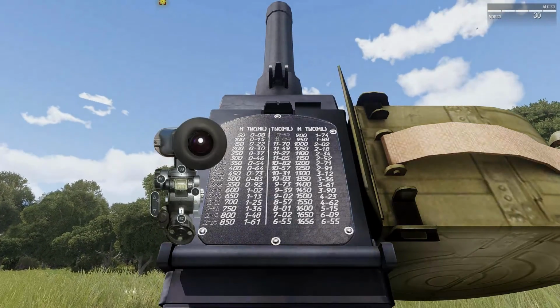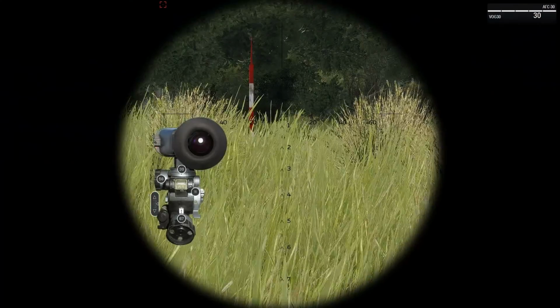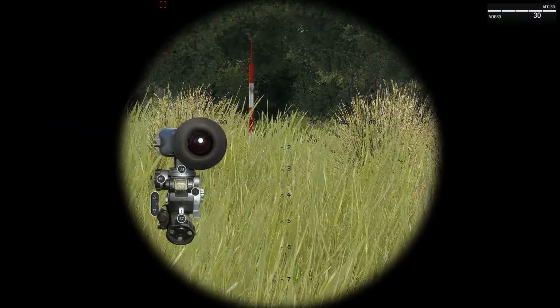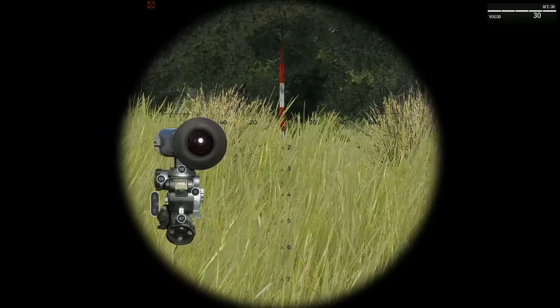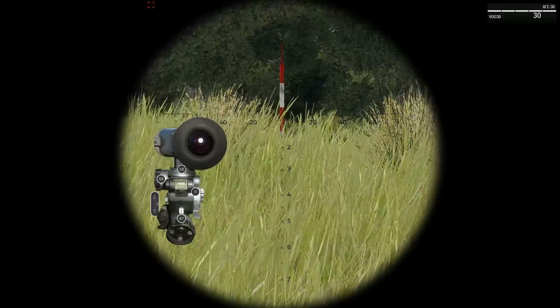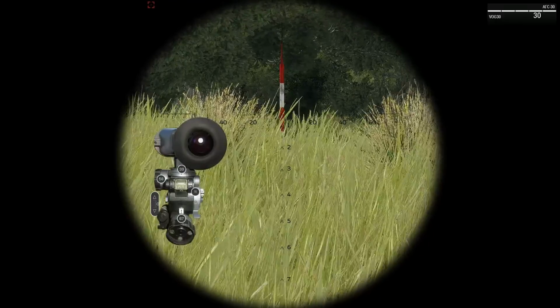You see, this starts to move up and down. It is in the middle. You go again to your aiming periscope and align it with your aiming circle, aiming periscope with your aiming pole, and that's just fine. You should be at your target now.